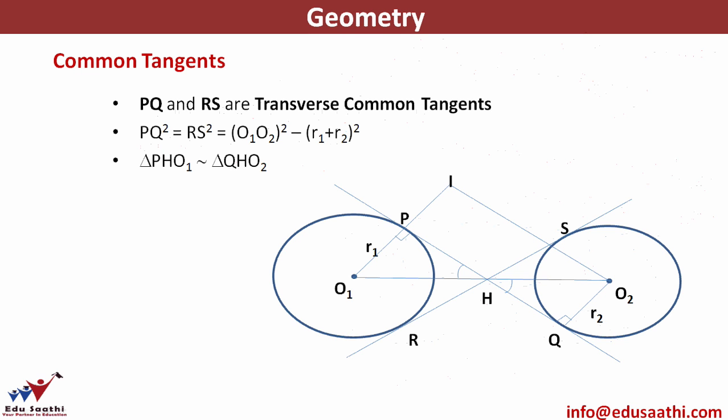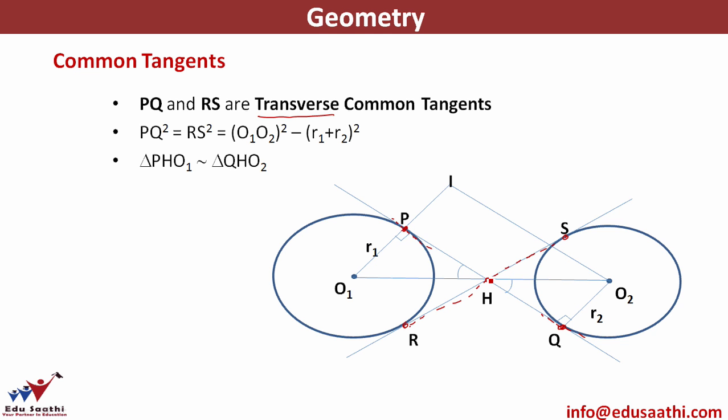The other way the common tangents could be is transverse common tangent. Direct common tangents do not intersect, whereas transverse common tangents do. If I look at PQ, this is a tangent to circle 1, and this is a tangent to circle 2. Similarly, R and S, join them. This is a tangent to circle 1 and this is a tangent to circle 2.